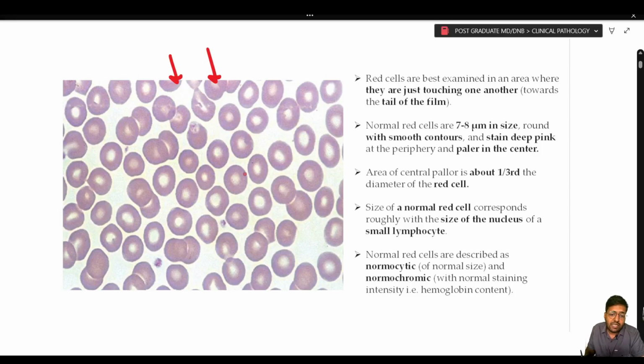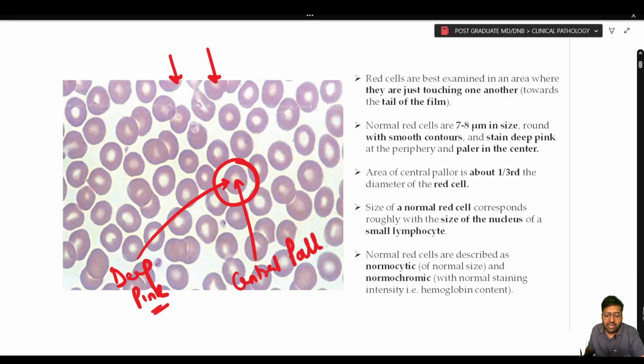If you see a normal RBC, the outer area is staining deep pink in color, whereas the center is clear. This is called the central pallor. Having a central pallor is normal, but how much? The central pallor should constitute no more than 1/3 the diameter of the RBCs.